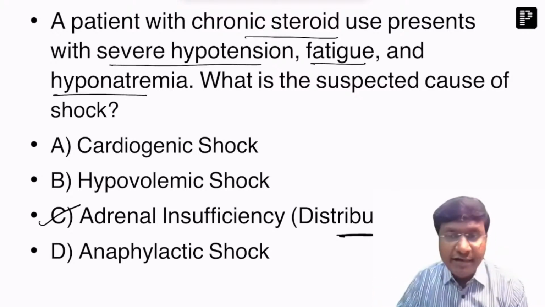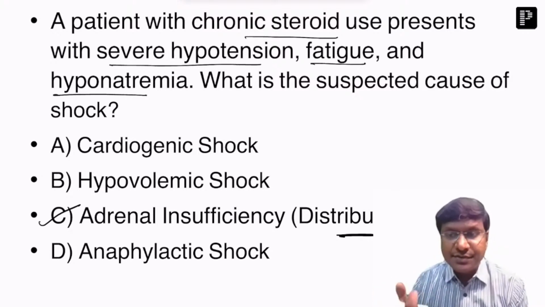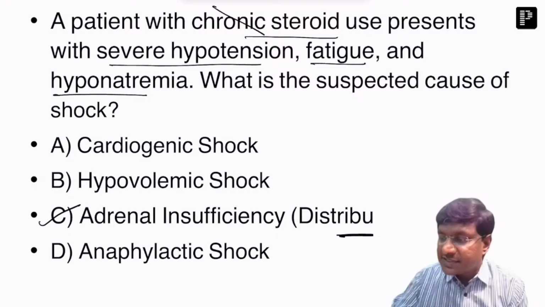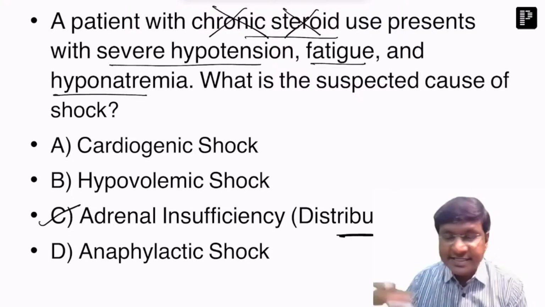So what could have happened in this patient? A patient with chronic steroid use presents with severe hypotension, fatigue, and hyponatremia. This individual might have developed iatrogenic Cushing's, or he might have suddenly stopped the steroid therapy.